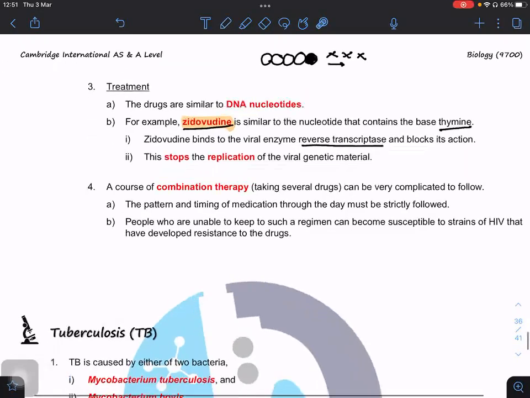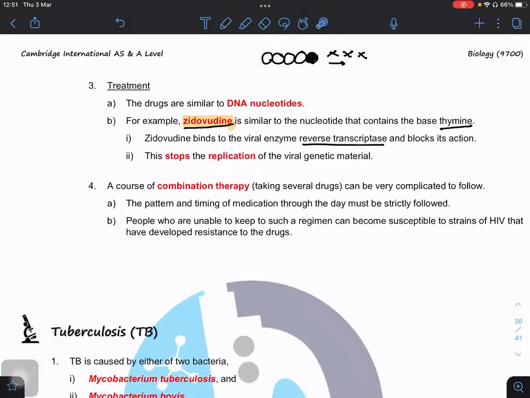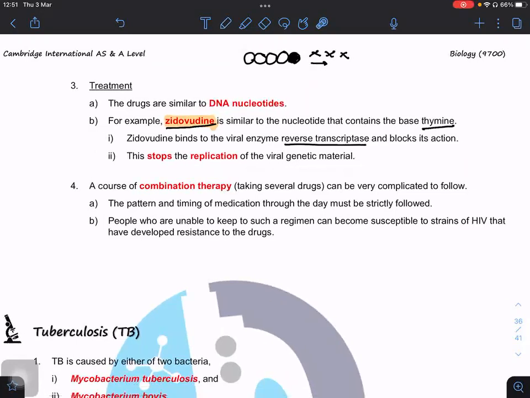But nowadays, we need to do combination therapy. Combination therapy is very complicated to follow. The pattern and timing you must follow strictly. People who are not able to keep to such a regime can become susceptible to strains of HIV that are resistant to the drug. Basically, imagine we don't give one type of drug. If we give one type and the virus becomes resistant, the disease progresses to AIDS.